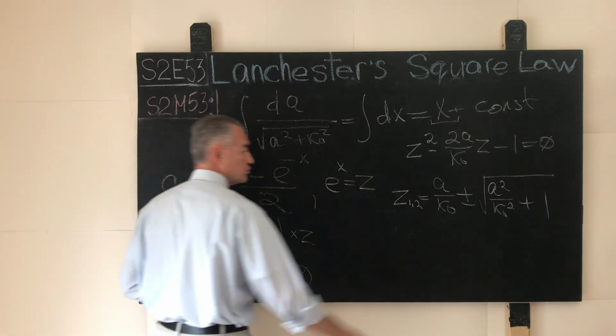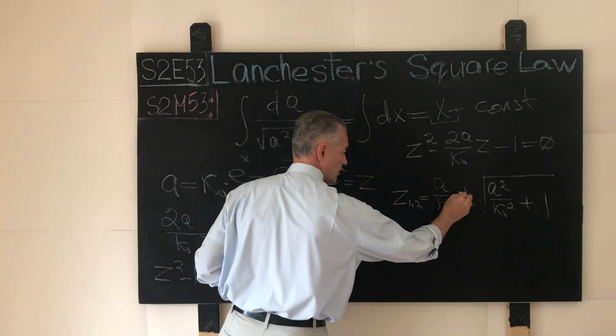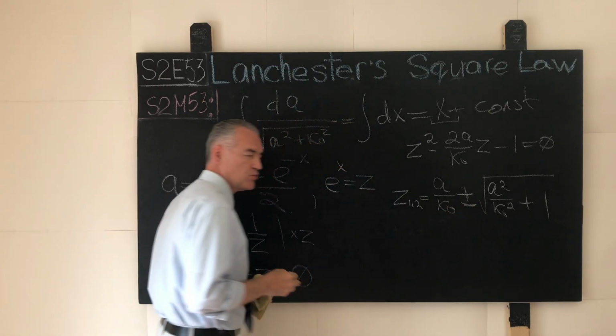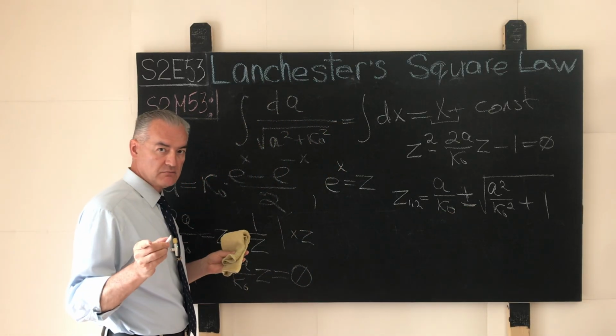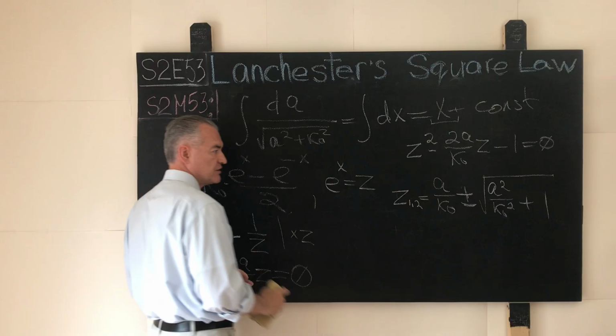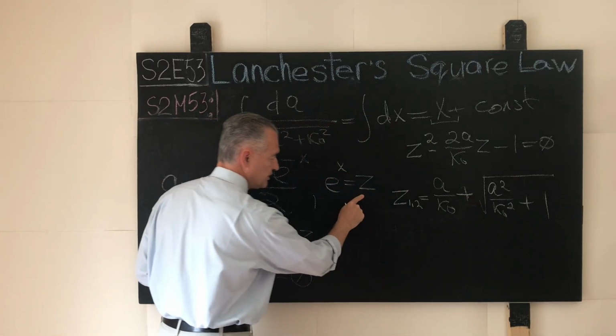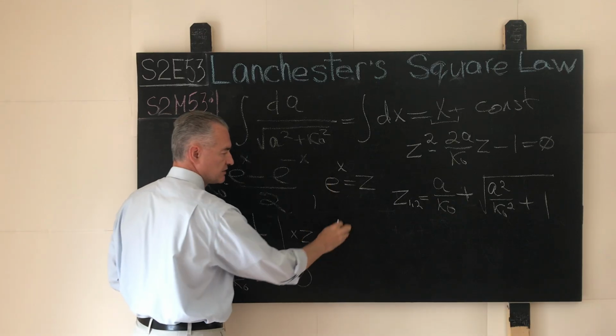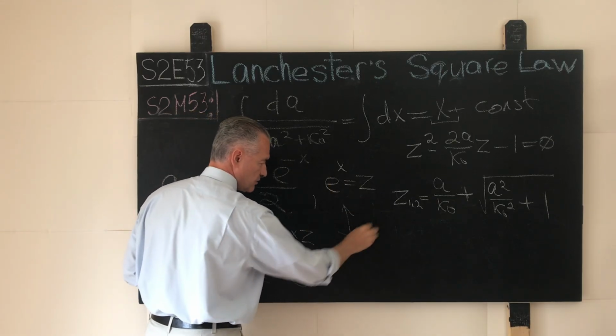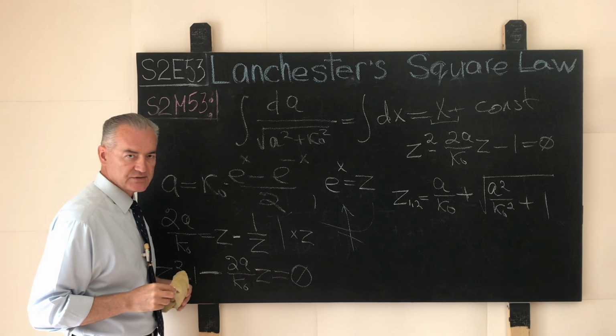Now, across two roots with the plus sign or negative sign, which one do we pick and why? The correct response over here is we take the root with the plus sign. Why is that? Well, z is e to the power of x, and the graph of e to the power of x looks like this.